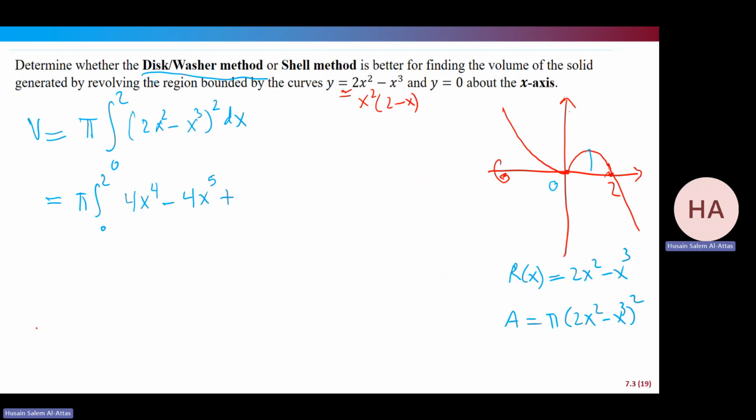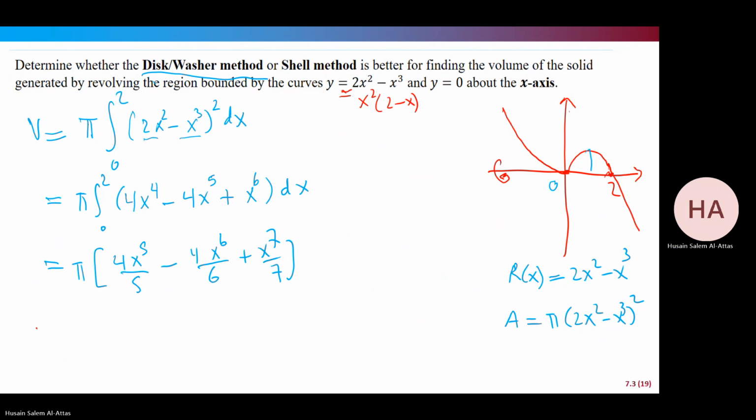It will be 2 times 2x squared times x cubed, which is 4x to the power 5, plus x to the power 6. It's just a matter of calculation. Now we'll continue. That will be pi integral of what? This will be 4x to the power 5 over 5 minus 4x to the power 6 over 6 plus x to the power 7 over 7.